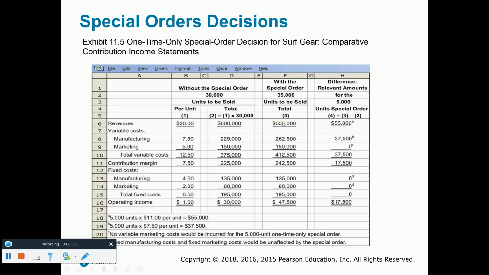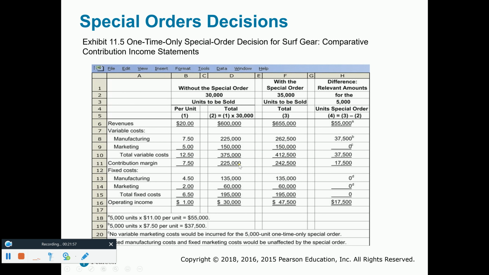So we'd go from $600,000 to $655,000. Our manufacturing is still $7.50 per unit. All right, the marketing is exactly the same because in this example, we were told there won't be any additional marketing costs. Okay, so that's going to be the same.